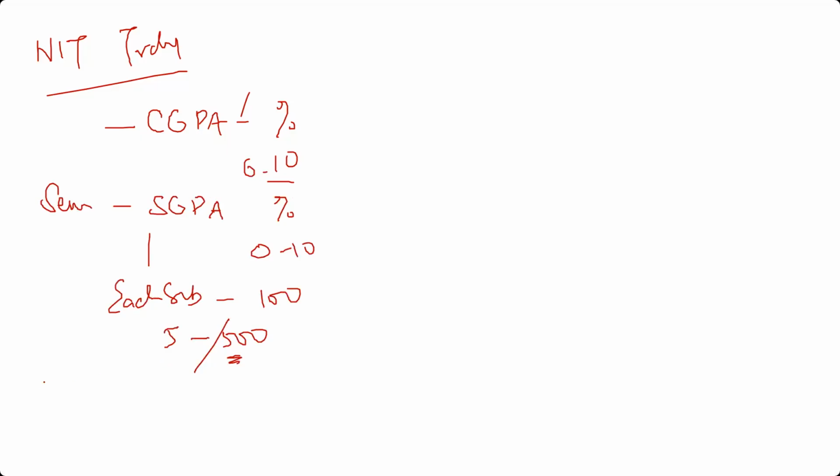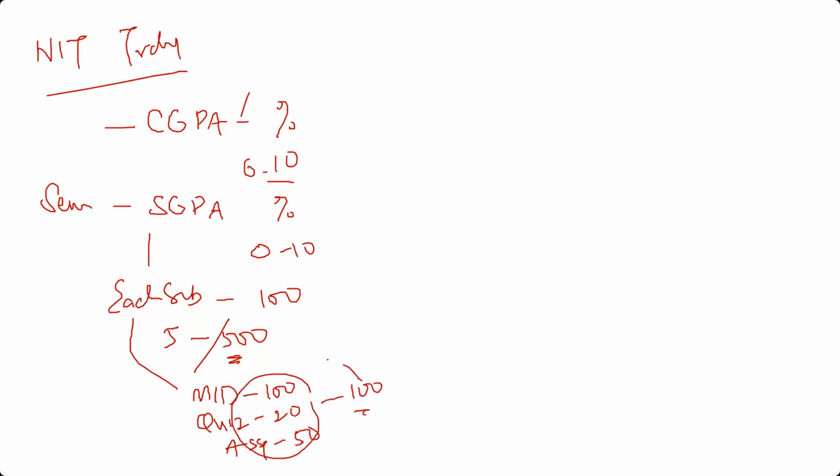Okay, in each subject you will have a mid exam which is total out of 100. You have a quiz, assume it is total out of 10. You have an assignment, it might be total out of some 50, and you will eventually contribute this normalized to 100 per subject and it will go here. Okay, so if you look at the levels, this is level 1, which is at a very high level. You will tell whether you're doing a good job or a bad job. This is at a semester level.